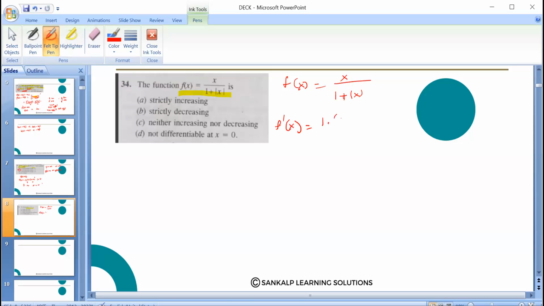Derivative of x is 1 into 1 plus mod of x, then minus x into derivative of 1 plus mod of x, that is plus or minus 1, by 1 plus mod of x whole square.